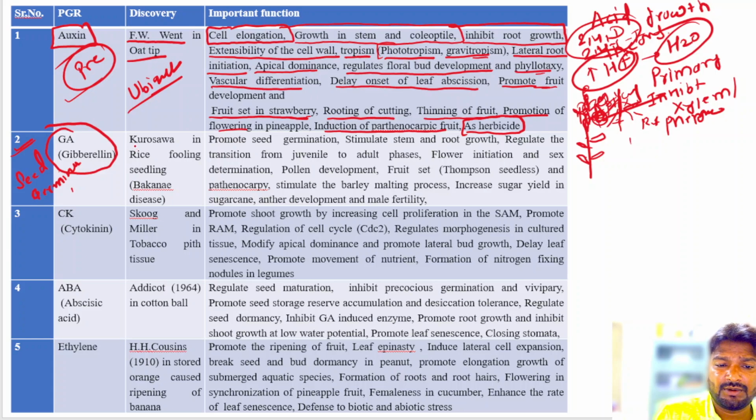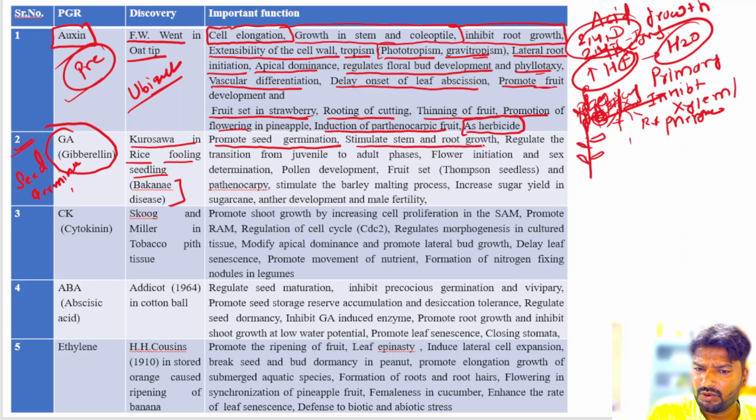This hormone was discovered by Kurosawa, in rice, from the seedling disease known as Bakanae. Okay, so this is the discovery and function. So the first function is that it promotes seed germination. So the first important function is that gibberellin promotes seed germination, and also stimulates stem and root growth. Then the next important function is that it regulates the transition from the juvenile to the adult phase.